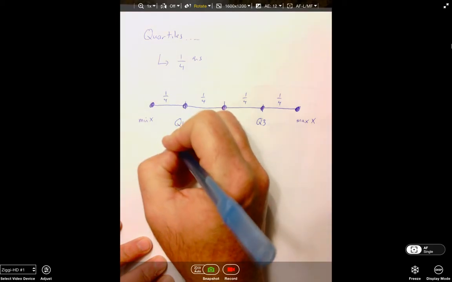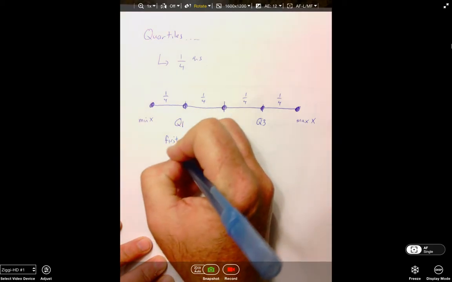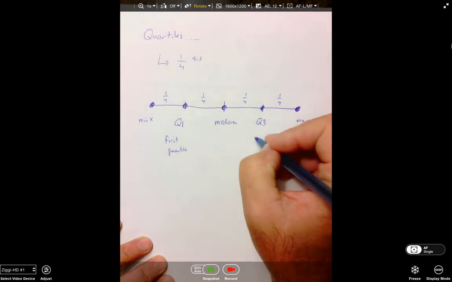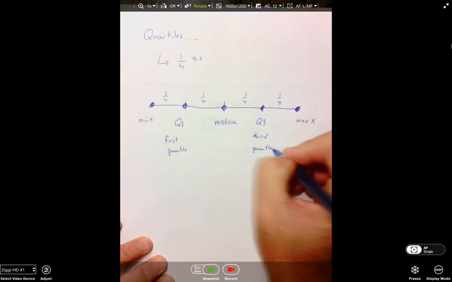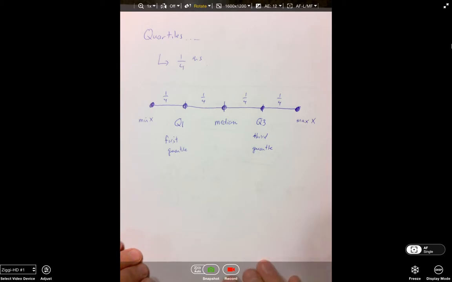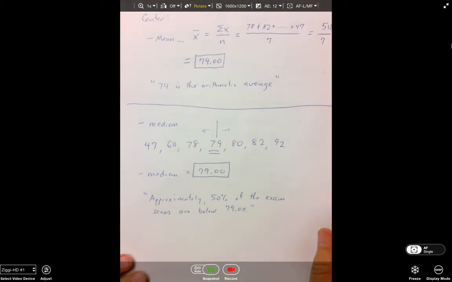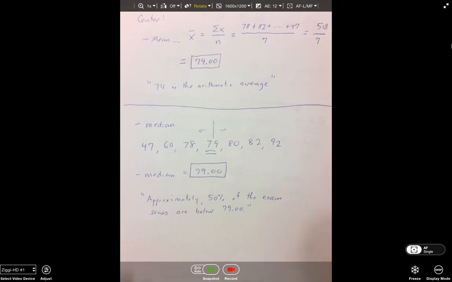This is the first quartile, and this is the third quartile. So guys, we can go back to our ordering of our data when we had listed from low to high, and we can come in and do what?